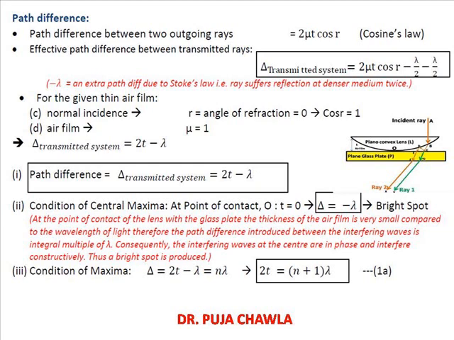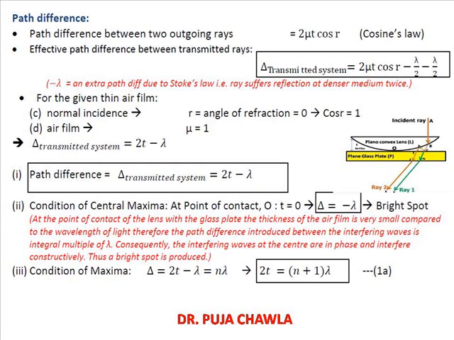Start with condition number 1. When I am saying central maxima, what would be the point of central maxima? Point of contact O. What would be the thickness of the air film at the point O? It's 0. T is 0. Formula for the path difference, substitute t equals 0. That means path difference is minus lambda.